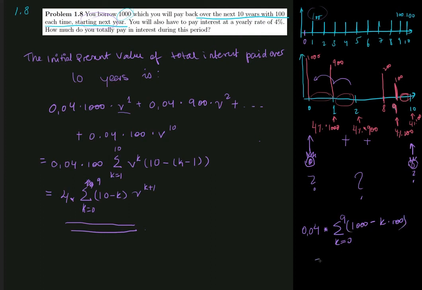And in that case, the answer would be 220, quite simply. But personally, I think if you have to add numbers together, it's a better idea to add them in the sense that you actually discount them all back to the same time point.